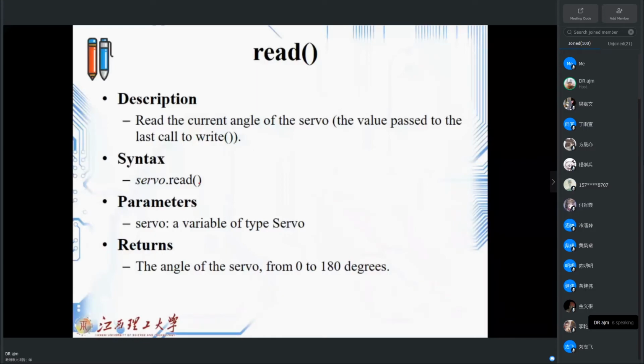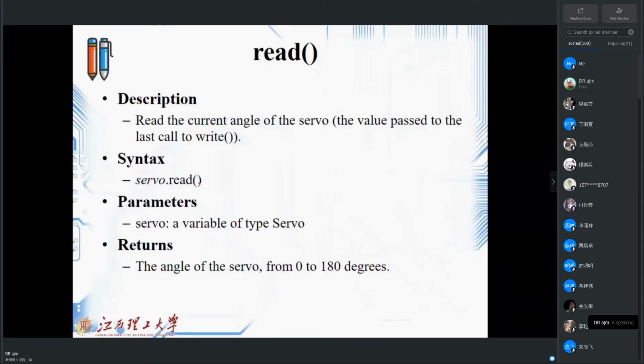This function is used when you send a pulse to the motor and then want to be sure that it is exactly at the desired angle or not. If it's okay, then it can do something. If it's not, then you should send the angle again.